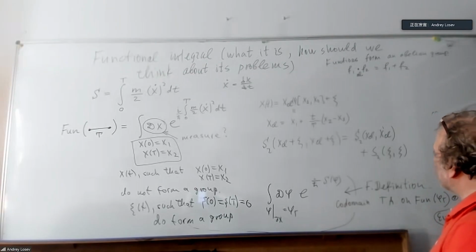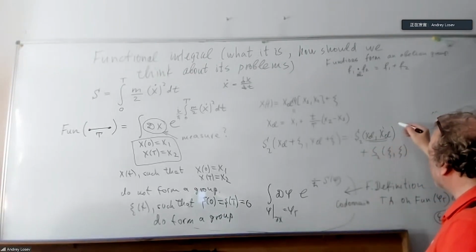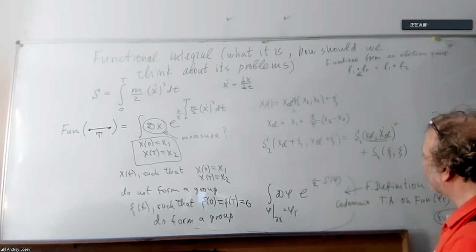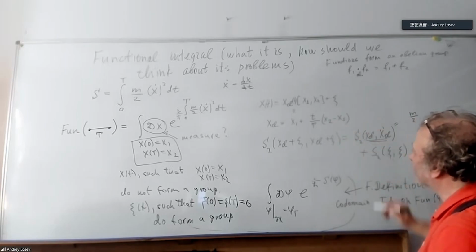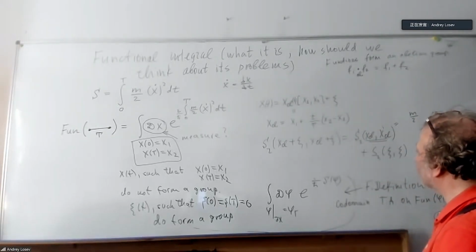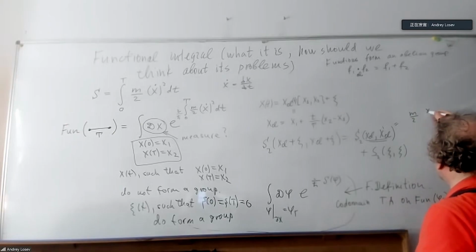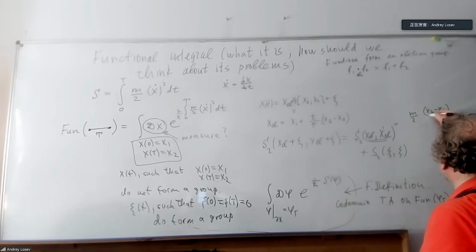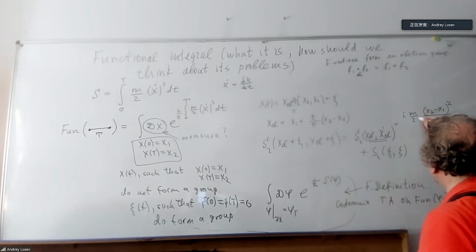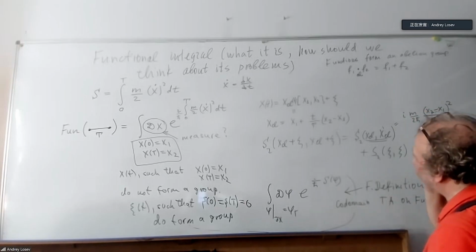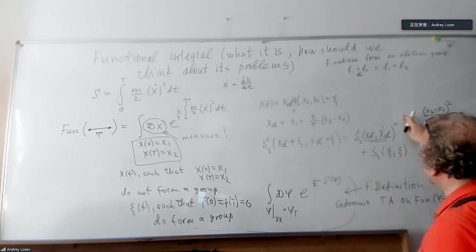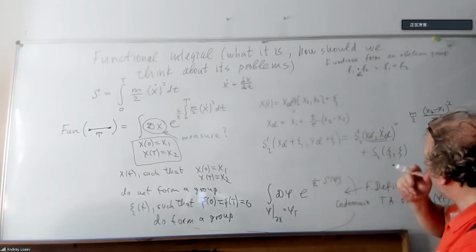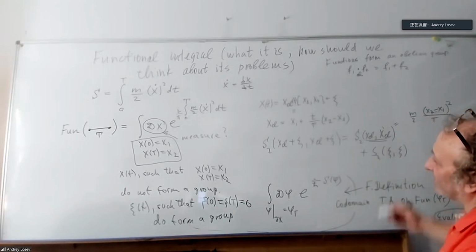Now I can compute this term. Believe me that the speed is x2 minus x1 over T. So this is m times x2 minus x1 squared over 2T, and here I have i over h bar. I will put it later. So here I computed this classical action.